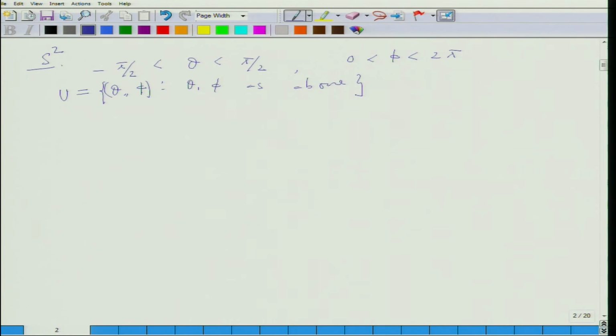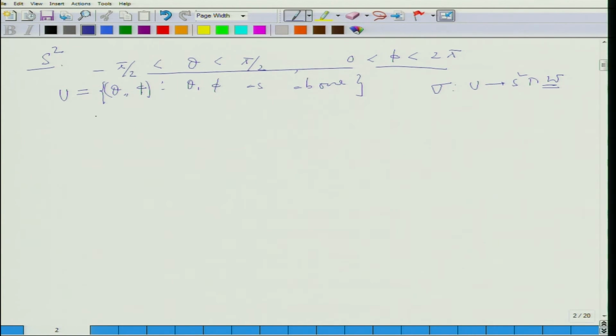But then you see there is a problem that I am not covering the entire sphere, because my definition of a surface is that I should make sigma from u to S2 intersection W. I choose my W, and u should be an open set. But when I make it open, I am missing out certain points in the sphere.